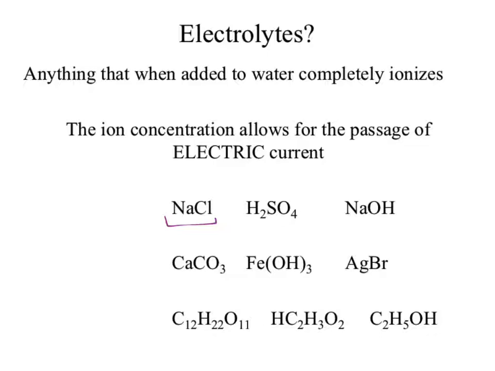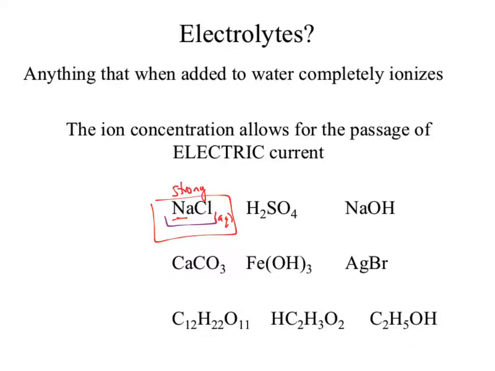Is sodium chloride soluble in water? Yes. Based off of what? Solubility rules, exactly. Sodium is a group 1 metal. All group 1 metals are soluble, so the phase here is aqueous. That means sodium chloride is an electrolyte, and in fact a strong electrolyte.